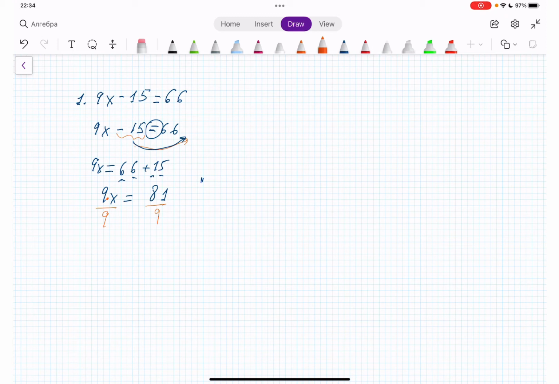This is gone, and this one is going to be 81 divided by 9, which is 9. So x is equal to 9, and we write down the solution as 9. Okay, so next, question number 2.